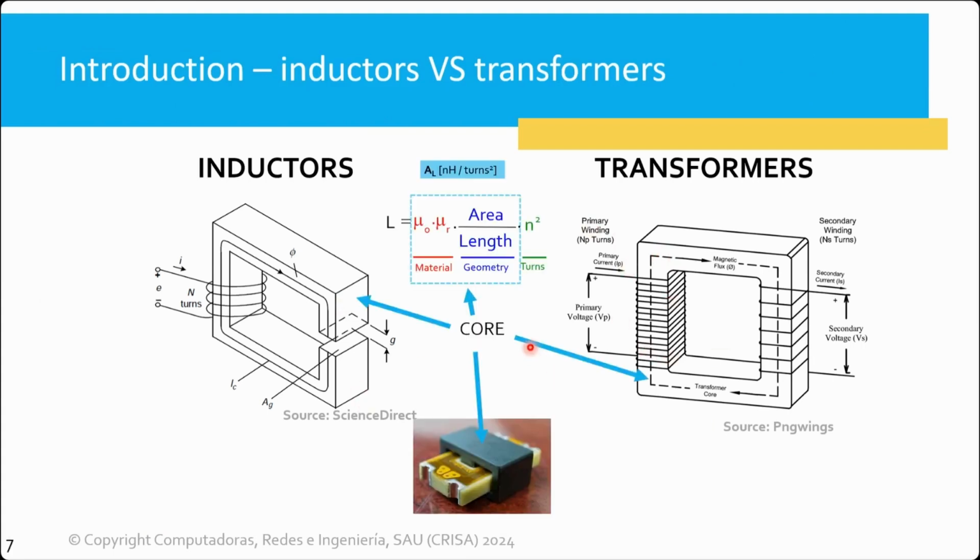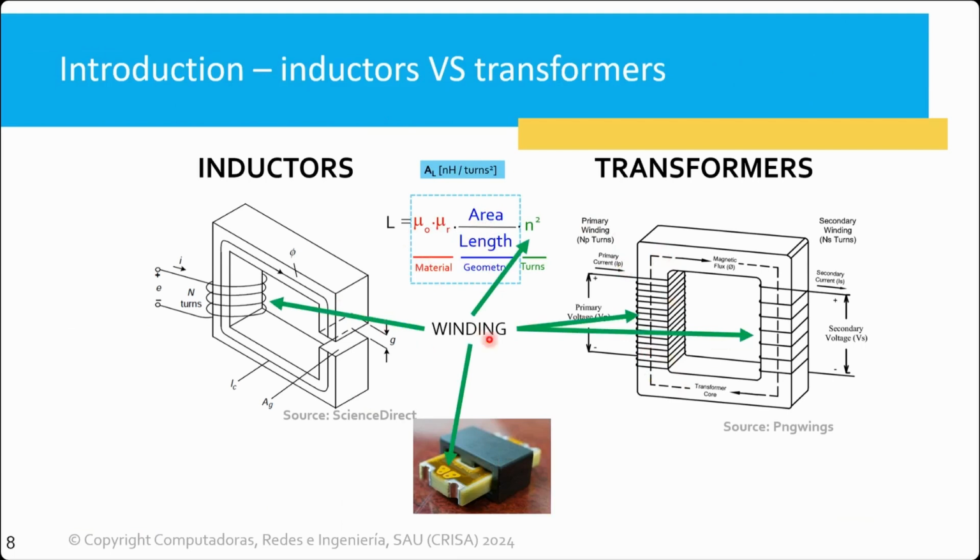It's important to notice that all magnetic components have a core made out of ferromagnetic material, and as such, their inductance depends on the material used and the geometry, the shape of this core. The winding is also important and plays a role in the inductance that is achieved in these components. This would be the winding for this planar transformer, or in this representation, these are the windings, which are wound around the core.